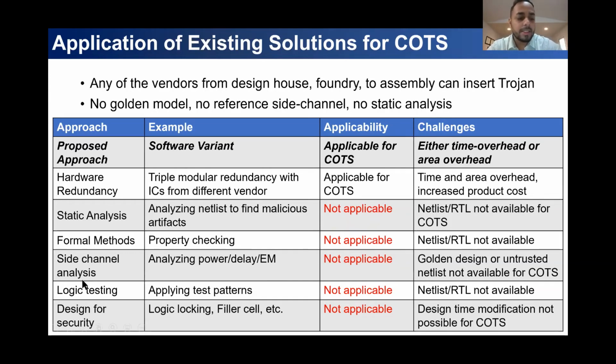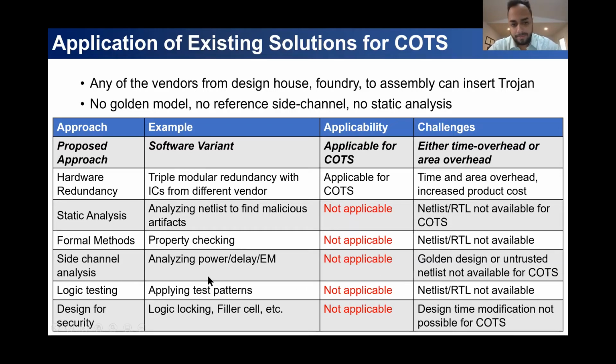Side channel analysis is also a very common technique for Trojan detection, but oftentimes it needs access to a golden chip, or at least a netlist using which they can generate the test vectors to activate or partially activate any hidden Trojan. So for COTS, side channel analysis is also quite infeasible so far.